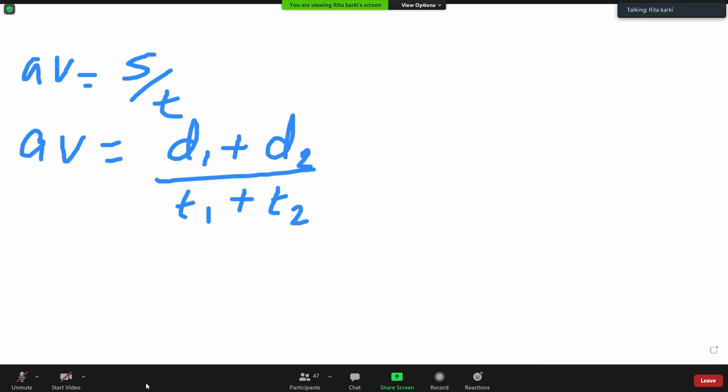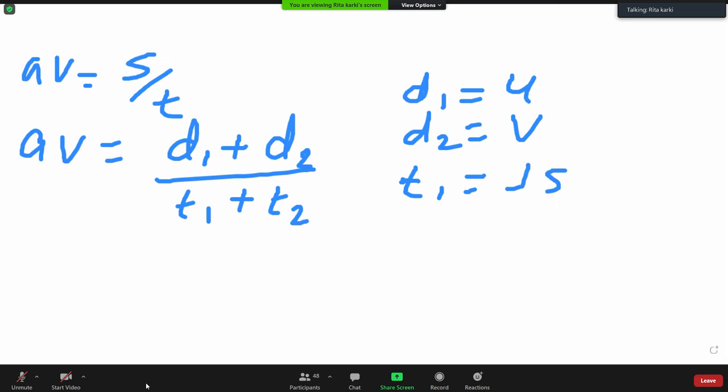Besides this, we have also studied that let us consider d1 equals U and d2 equals V. The total time taken to cover the distance d1 is 1 second, and the total time taken to cover the distance d2 is 1 second again.